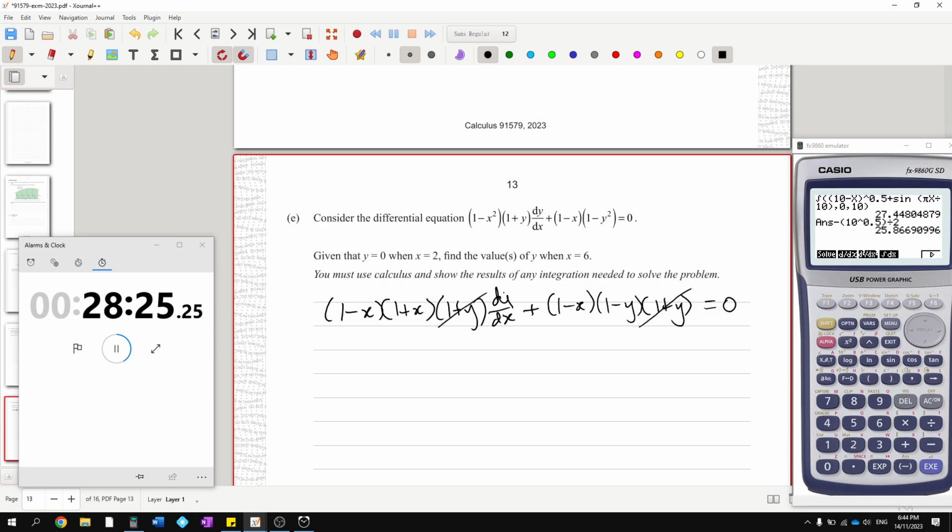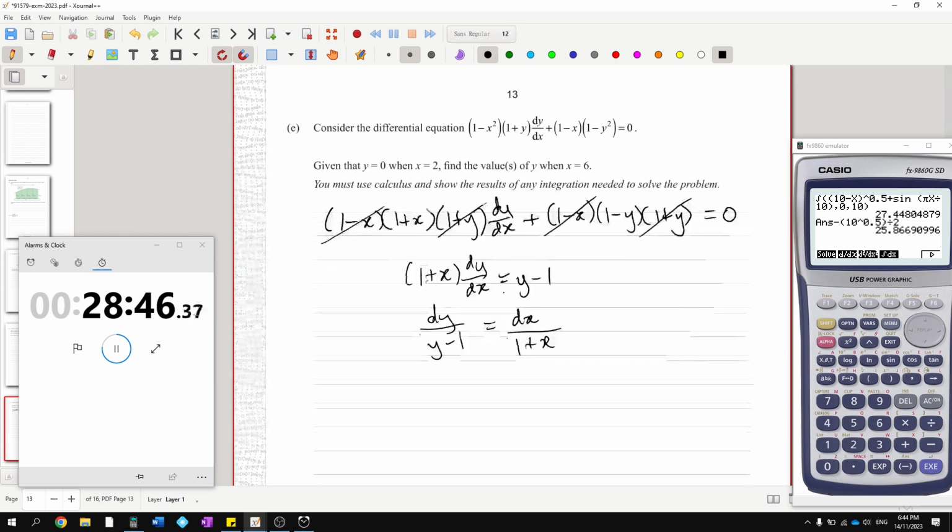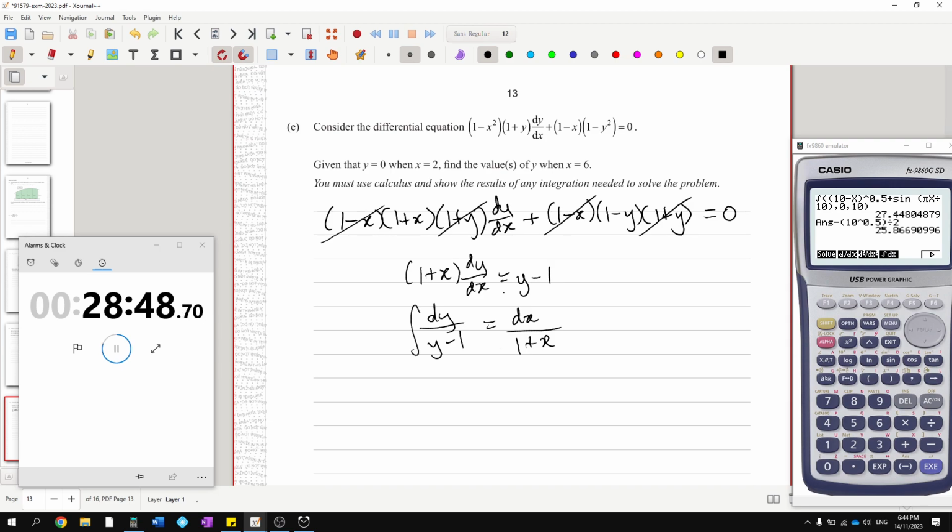Okay, cancel, cancel. 1 plus x, dy dx equals y minus 1. dy over y minus 1 equals dx over 1 plus x. ln absolute y minus 1 equals ln of x plus 1 plus c.